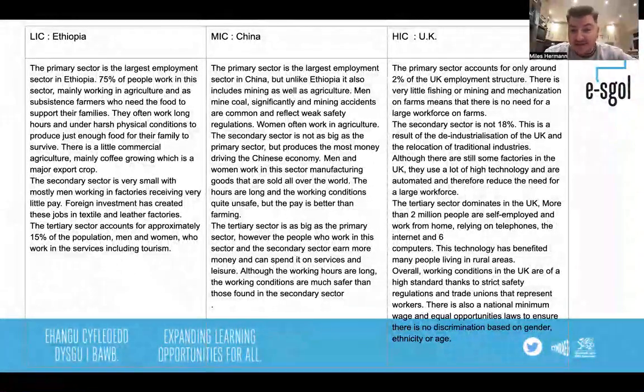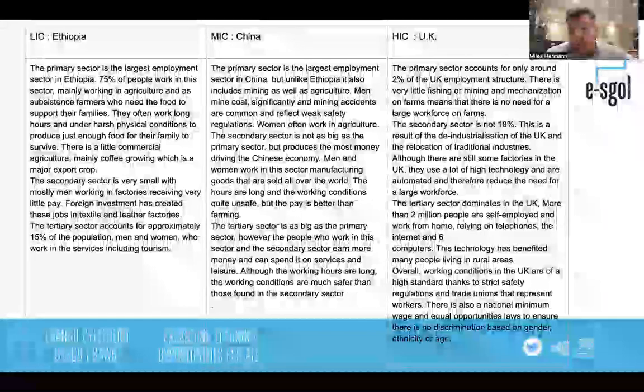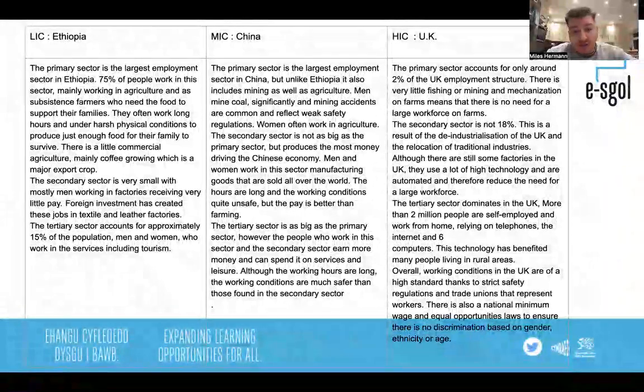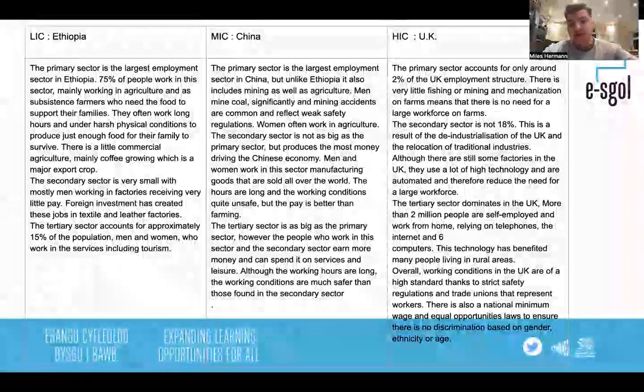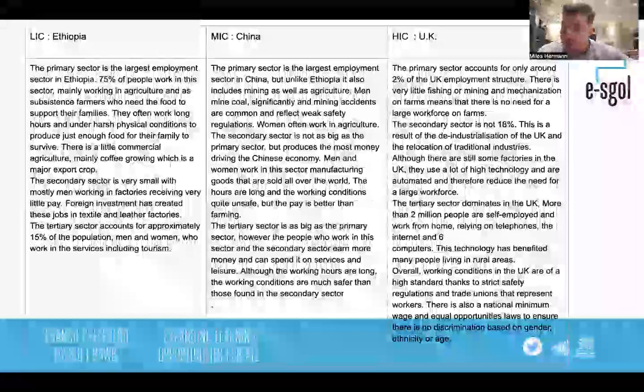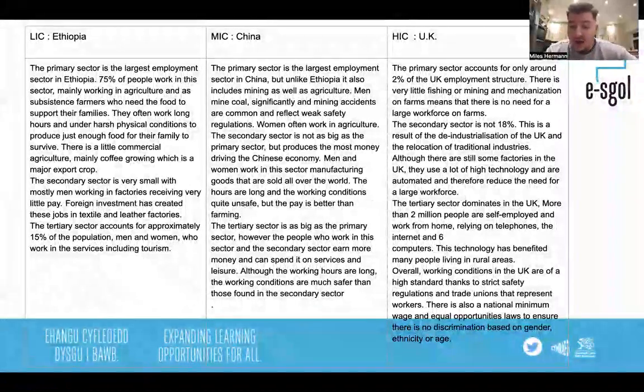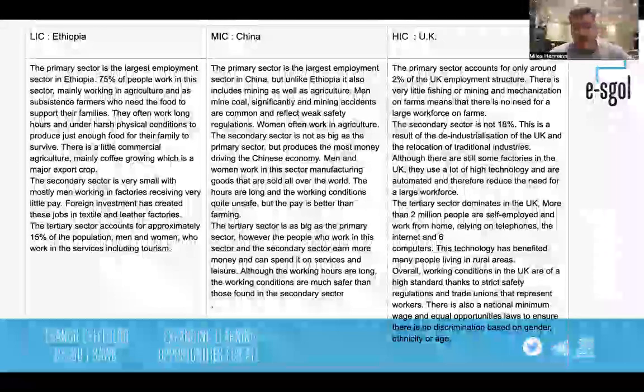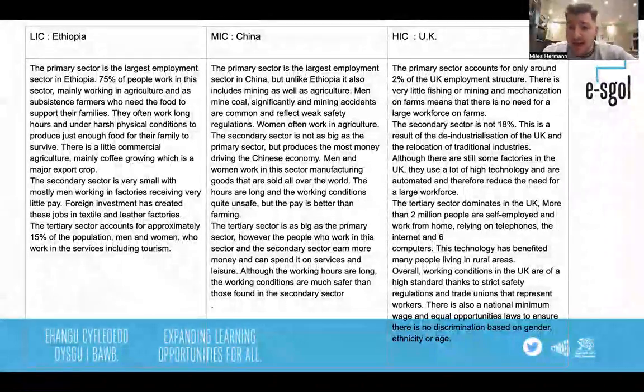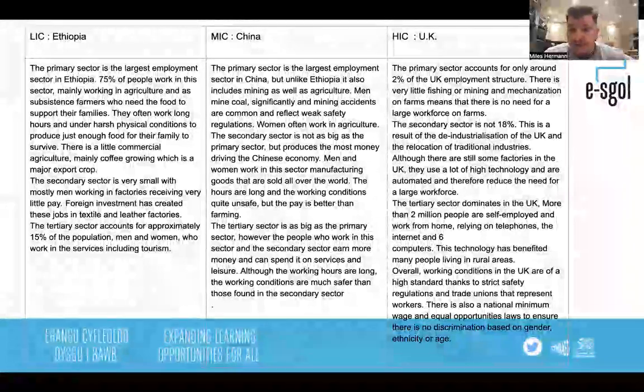The secondary sector then is only around 18%, and this is due to deindustrialization that's happened in the United Kingdom and the relocation of traditional industries. This is mainly because of globalization, whereby transnational companies have decided to redistribute parts of their companies where they can exploit workers in middle income and low income countries to receive more profit.